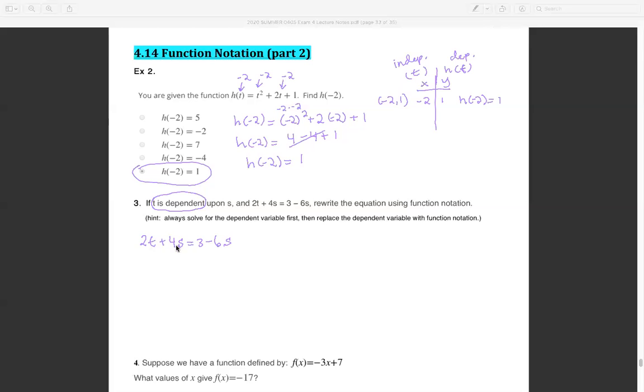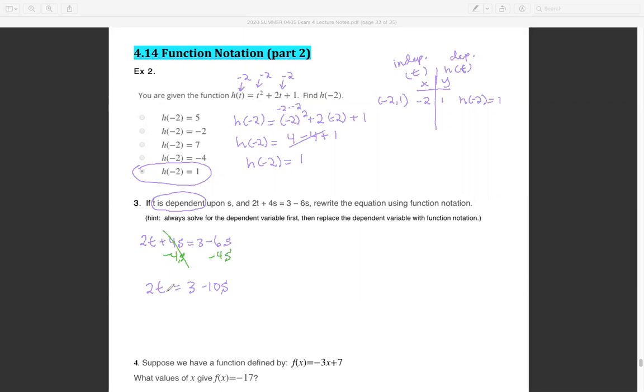So here's our t, so we just need to get this term away from it. So to undo adding your 4s, we're just going to subtract that. Positive 4s minus 4s, that's 0. And then we get 2 times t equals 3, and then -6s minus 4s is a -10s.